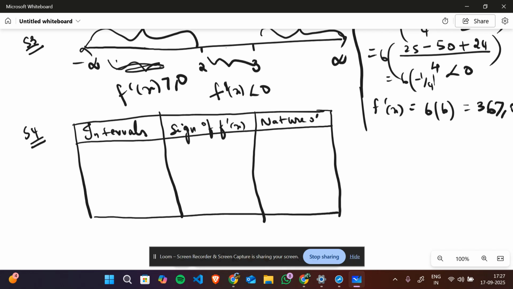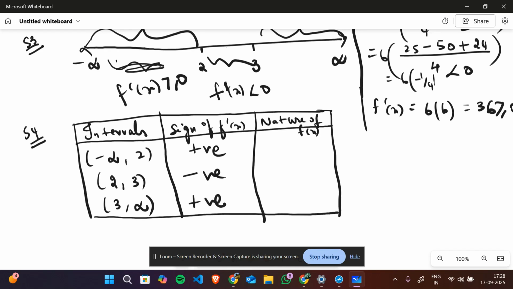Now let's write the conclusion. Therefore, the function f of x is an increasing function in the interval minus infinity to 2 and 3 to infinity, because in these two sets it is increasing.